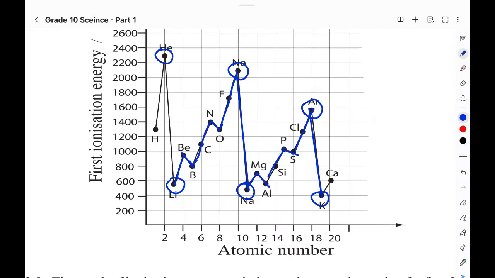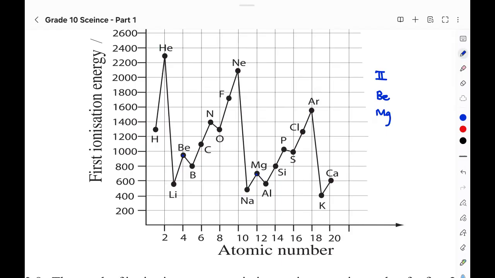You have to be very careful. If they ask you to compare elements from two different periods, look at this: beryllium and magnesium. Both are in the same group, the second group. Beryllium has larger ionization energy than magnesium.